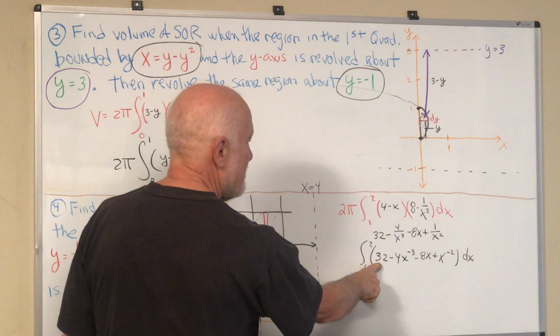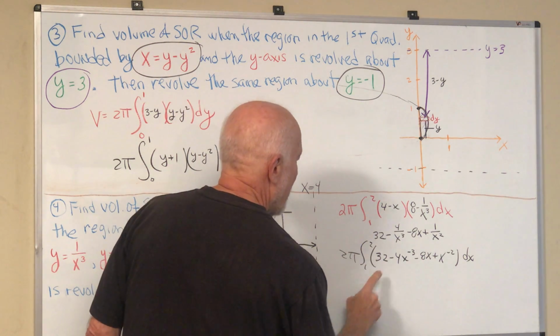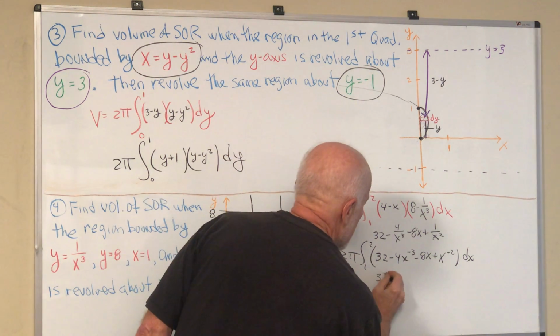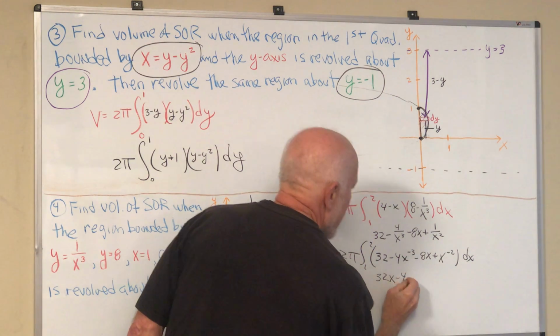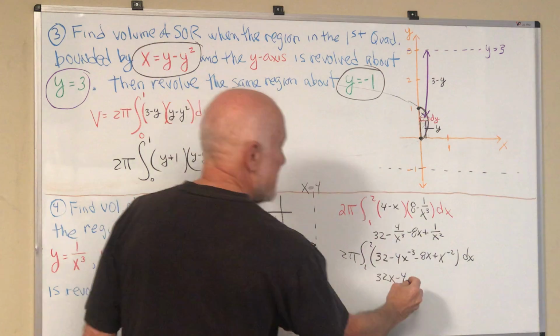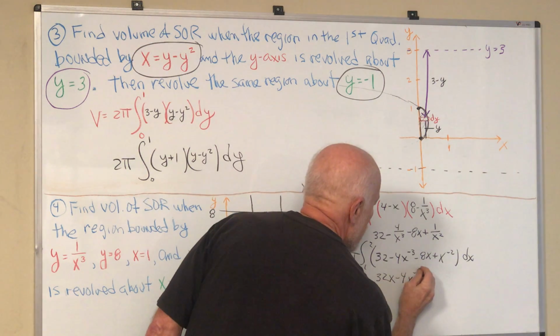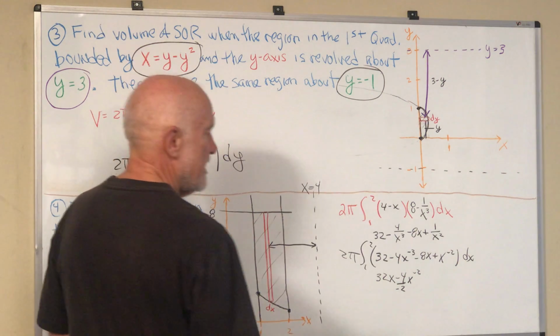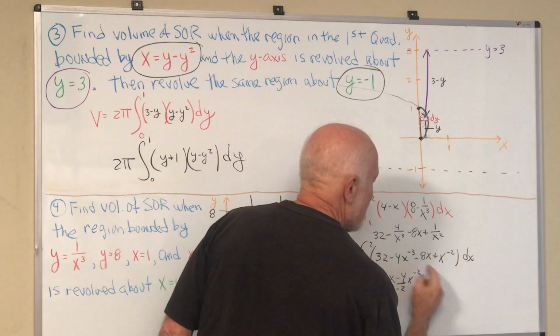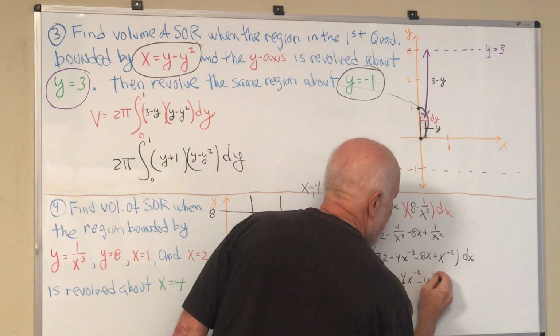So what's the antiderivative of 32? 32x minus 4. This becomes x to the negative 2 divided by negative 2. This becomes minus 4x squared.